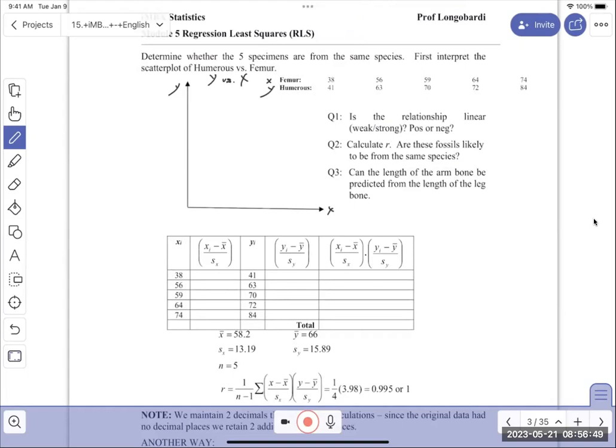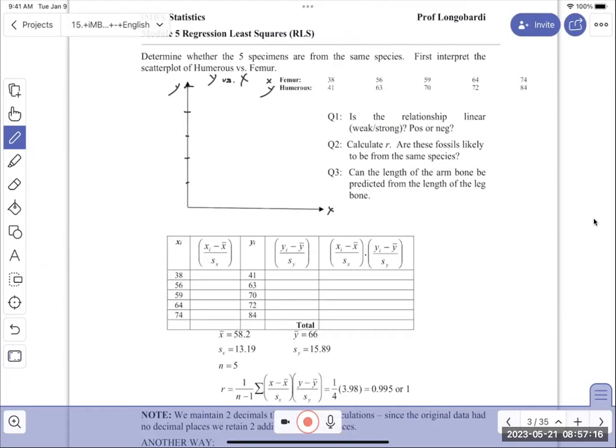And I plot, so the lowest one is 38 and the highest is 74. So I've got to go between like 40 and 80 here. So 40, 50, 60, 70, 80. And then on the other, did I just do that wrong?